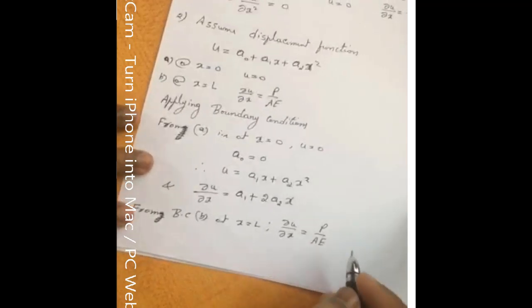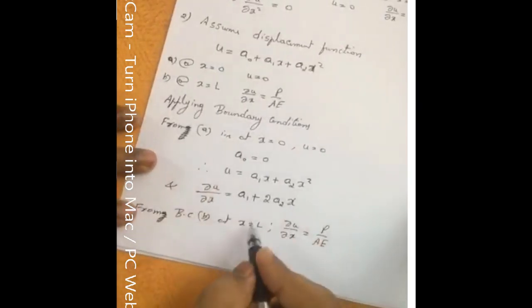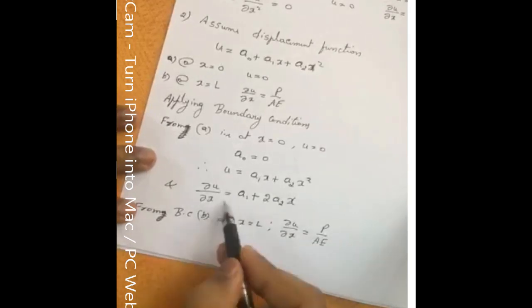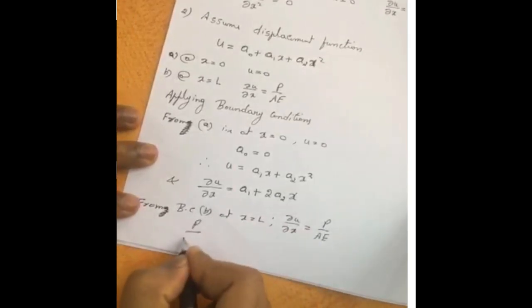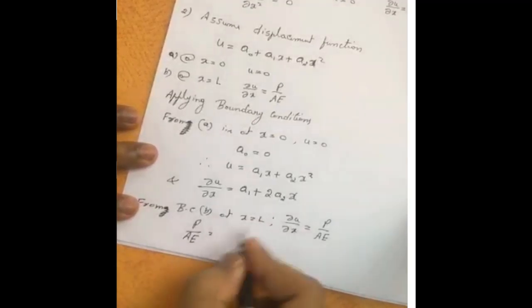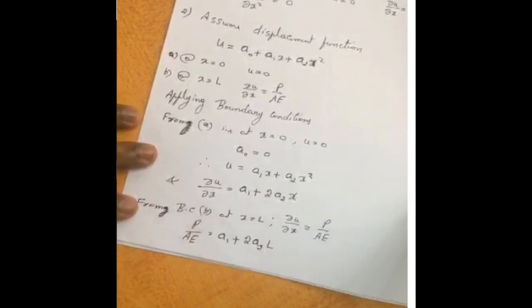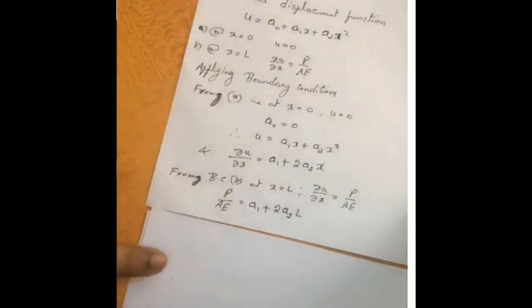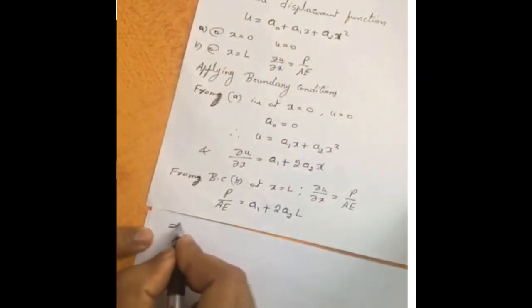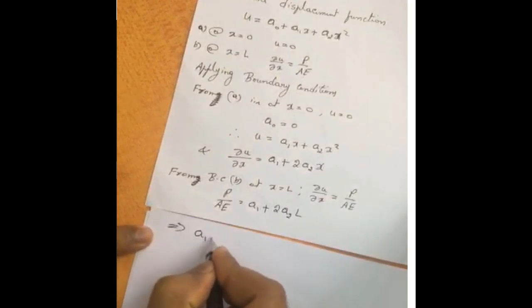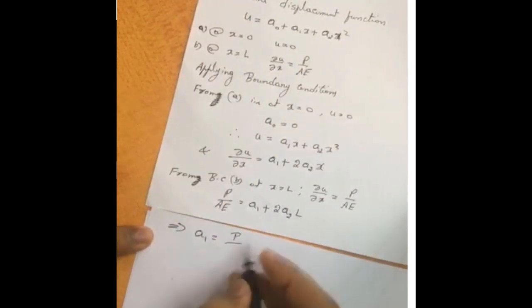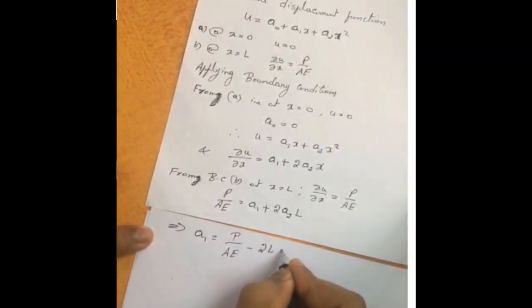So if you substitute here, P by AE is equal to a1 plus 2a2, in place of x we substitute L. Now we can write a1 is equal to P by AE minus 2L into a2.